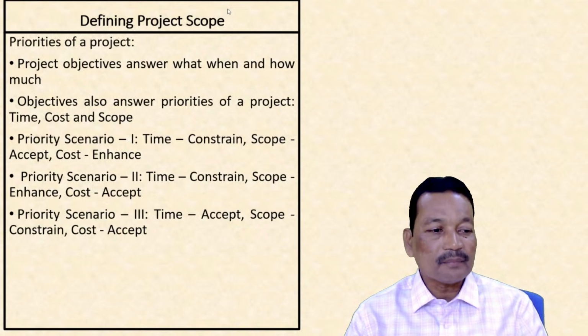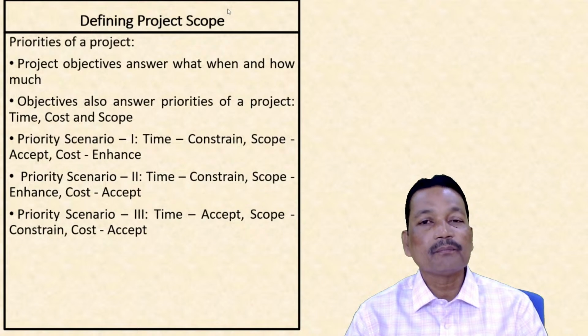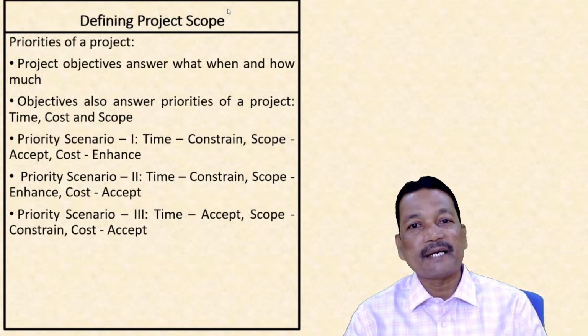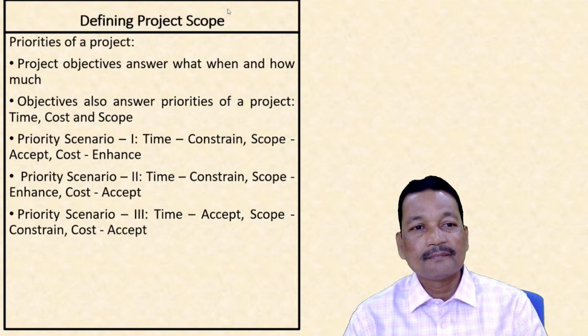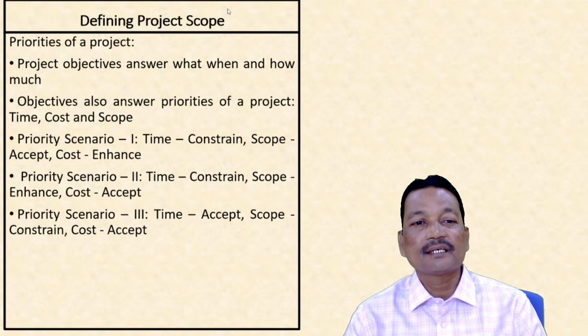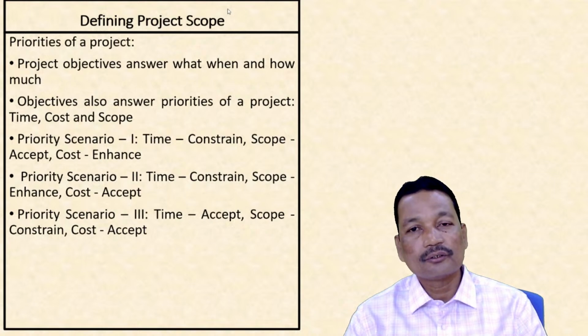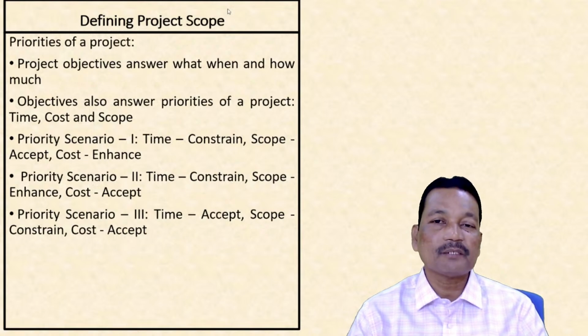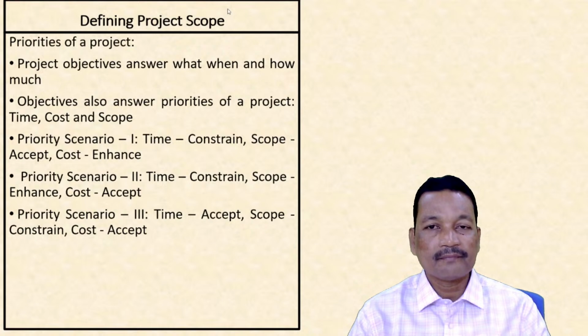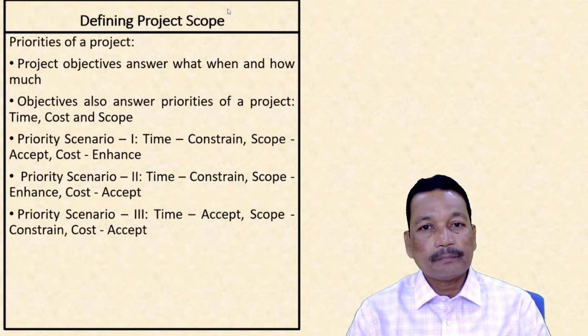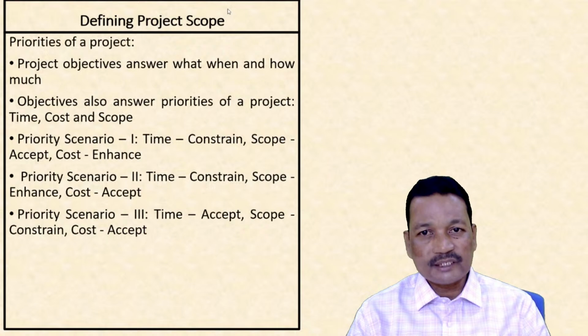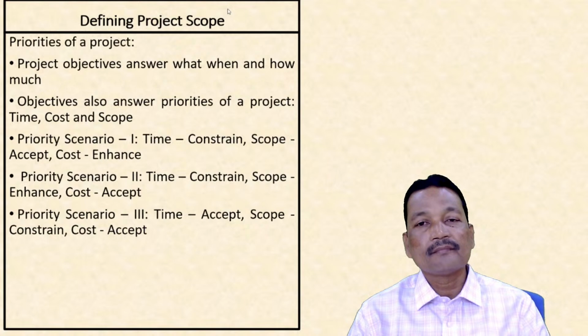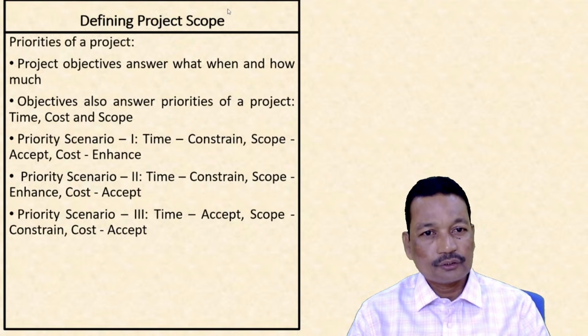When we talk of how much, we are talking of how much we shall be spending. When we talk of spending, it is the cost. We estimate the cost of the project, that is how much we shall be spending. So the three main priorities of a project are time, cost, and scope.